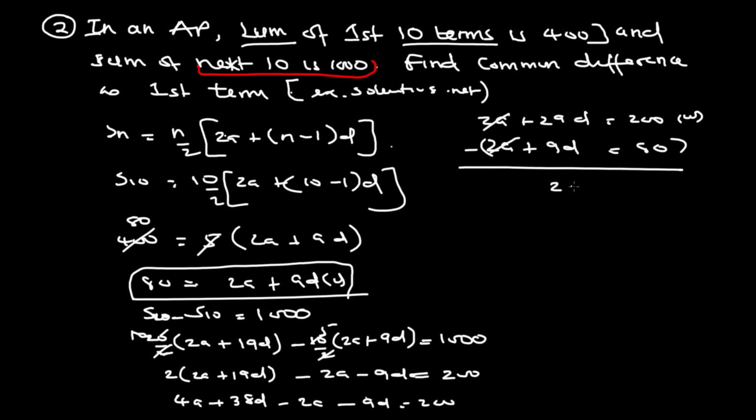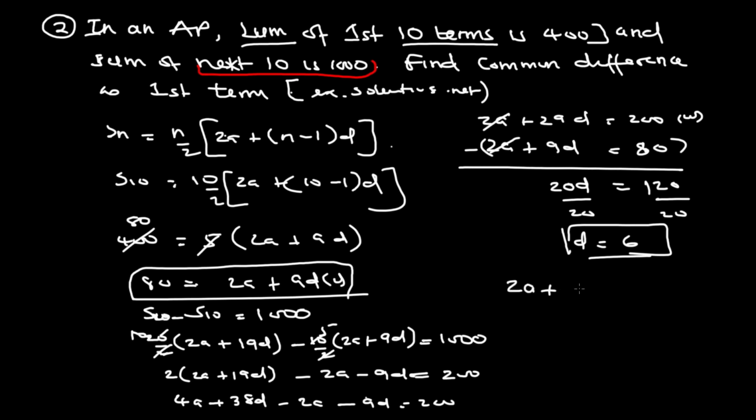And then here we'll have cancellation. Here we're going to have 20d, and then this is 80 from 200, so we have 120. Once we have 120, we can divide by 20, giving us a difference of 6. So this is our first answer. Then we can get a from any of these two by applying d: 2a plus 9d is equal to 80.